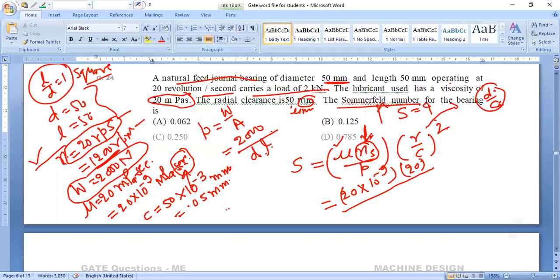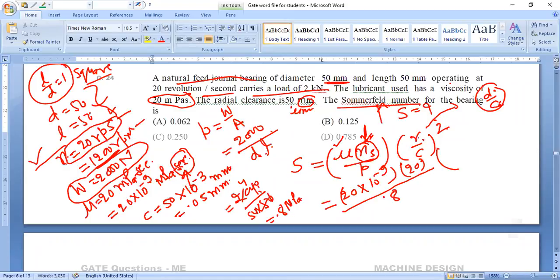So it can be found 2000 divided by diameter is 50, length is 50. It is a square bearing. So solve it. 0 0 cancel out. 5 4 is 20, and it is 0.8. So it is 0.8 megapascal, or Newton per mm square. So in place of P, I can write 0.8.